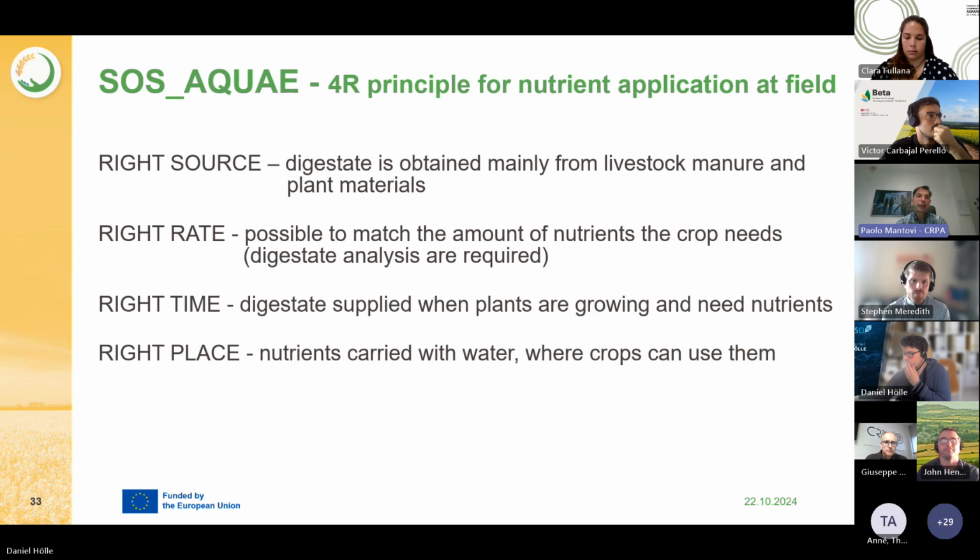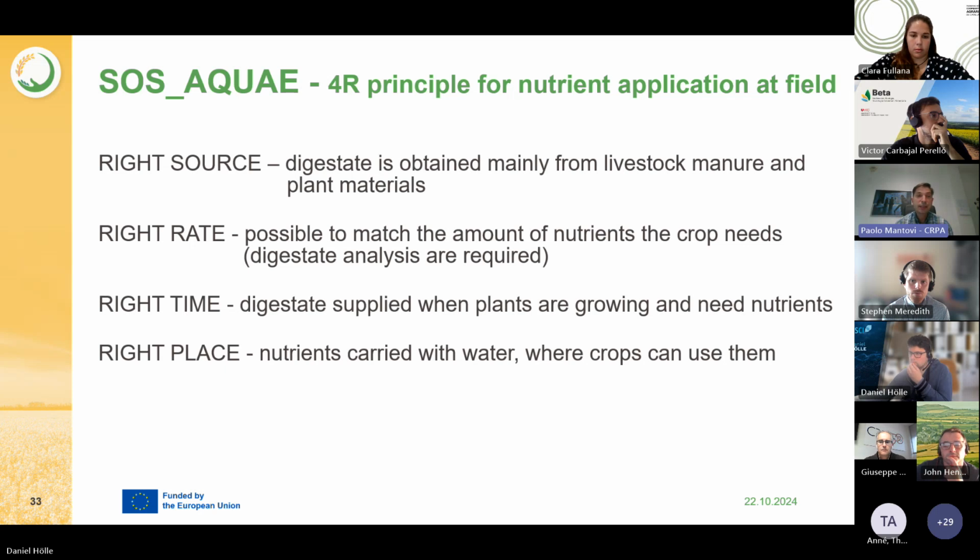So with this application systems, we fulfilled the 4R principles for nutrient application at field. Right source, because the digestate was obtained mainly from livestock manure and plant materials, residues. Right rate, because it is possible to match the amount of nutrients the crop needs.